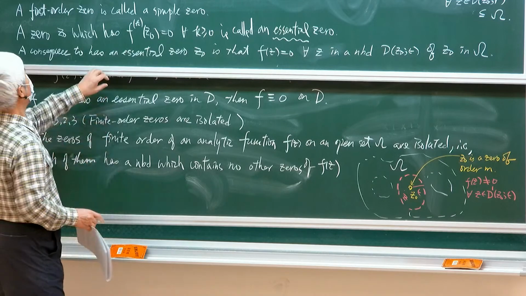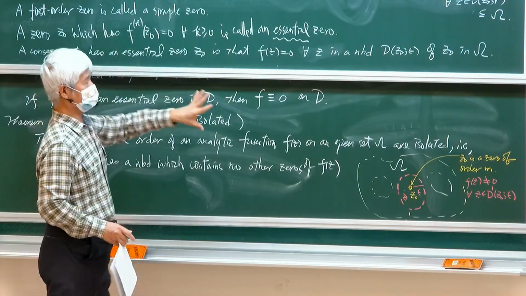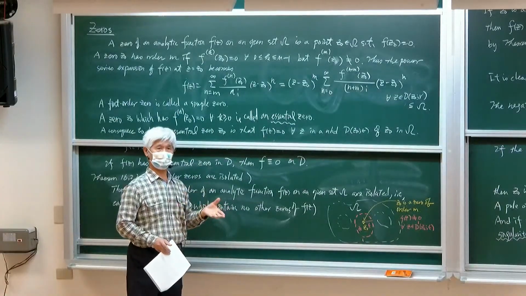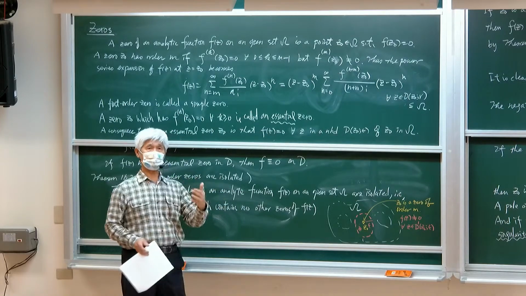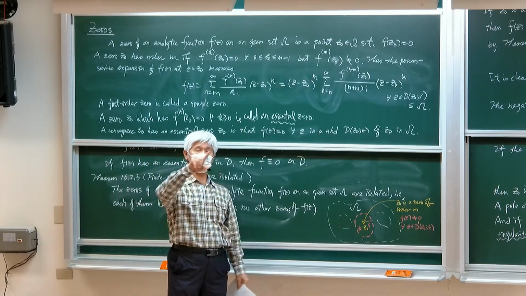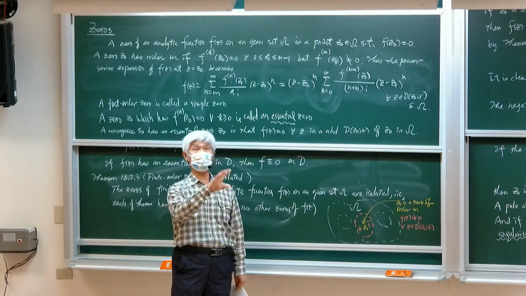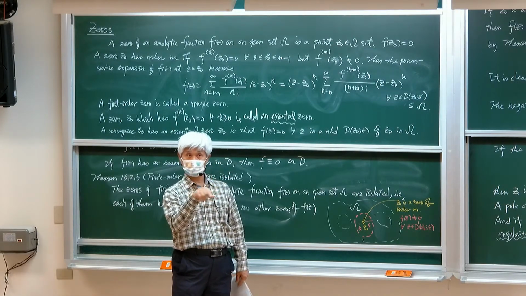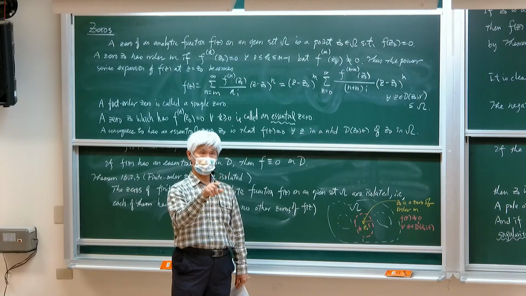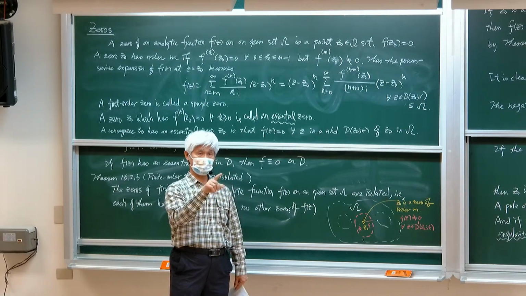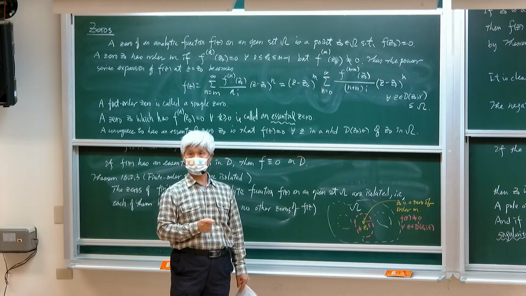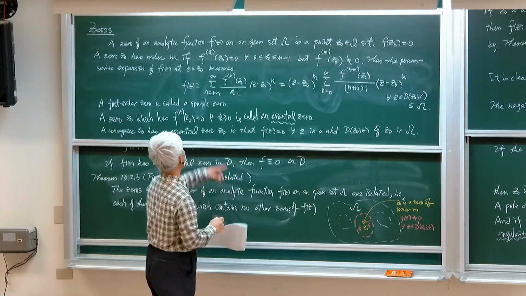But an essential zero is not isolated, because if we have an essential zero, then we have a neighborhood of this essential zero such that the function is all zero in this neighborhood. So all the points in this neighborhood are zeros if we have an essential zero.